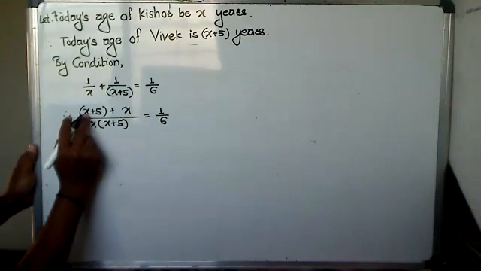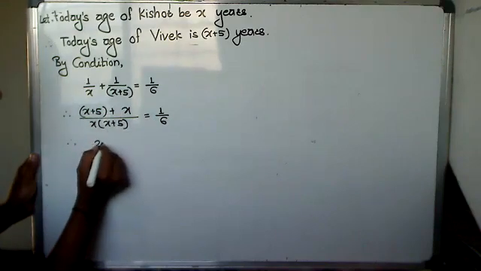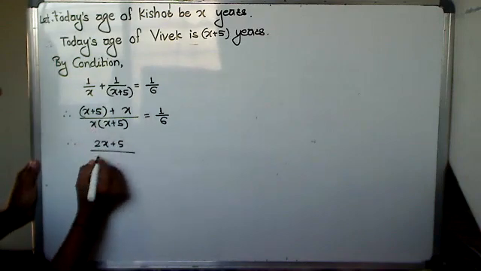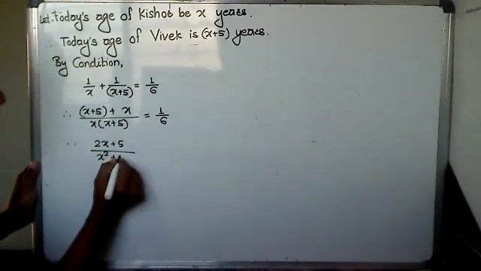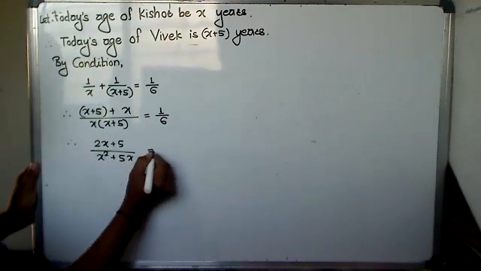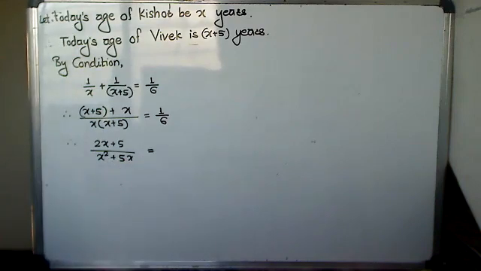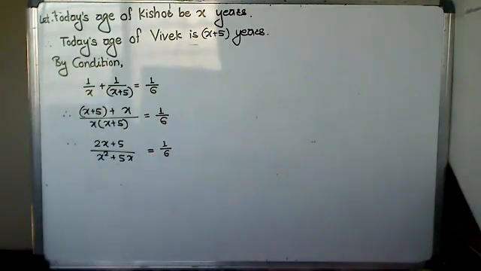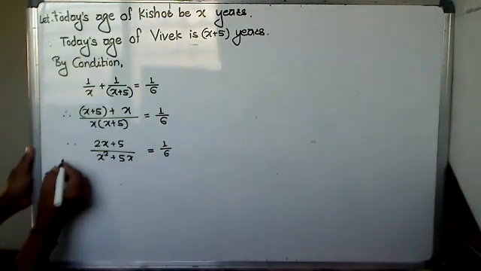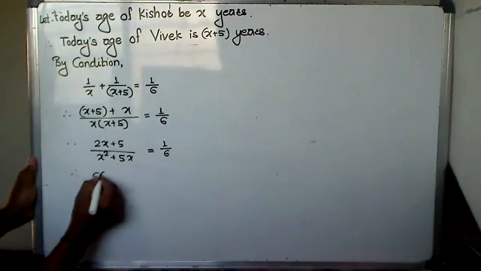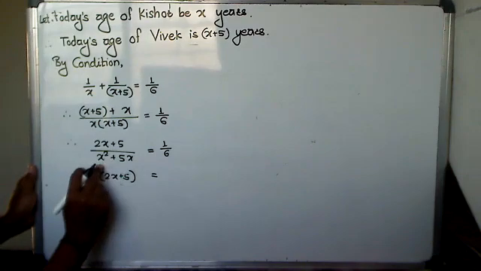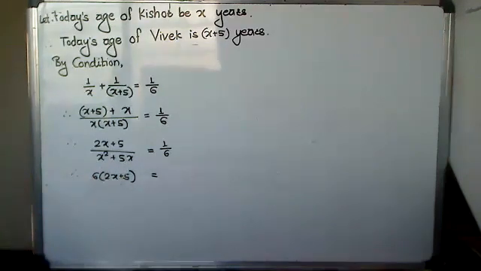So therefore, x plus x, 2x plus 5 upon x into x plus 5, which is x square plus 5x, is equal to 1 upon 6. Again, by doing cross multiplication, 6 into 2x plus 5 into 1 into x square plus 5x, nothing will change in this equation.